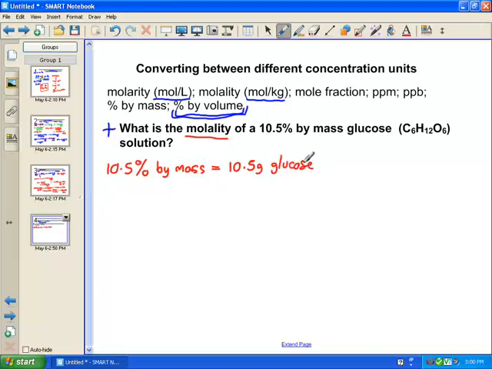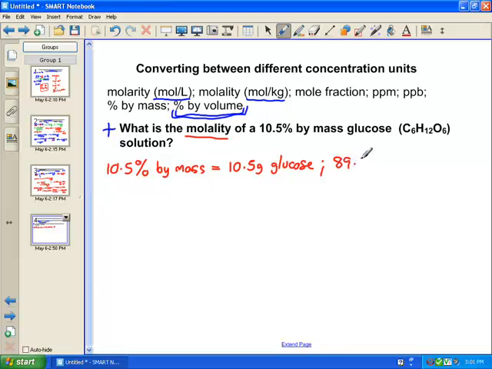Now, this actually tells us two things. It allows us to say, well, this is it in grams, I can convert this glucose into moles, which is one thing I want to do. But it also allows me to figure out how much of the solution is water. Because if 10.5 grams of my solution is glucose, then all the rest out of that 100 must be water. And of course 100 minus 10.5 is 89.5.